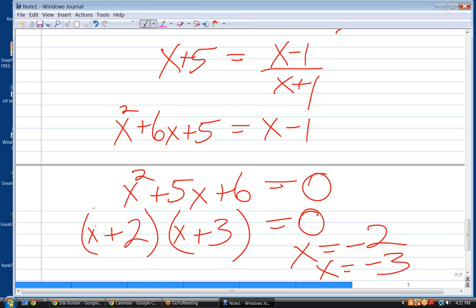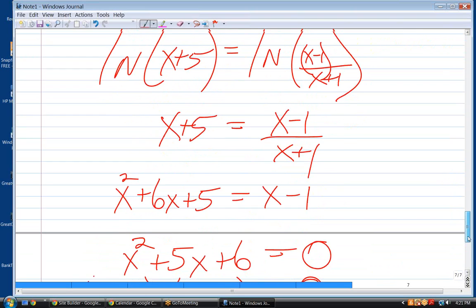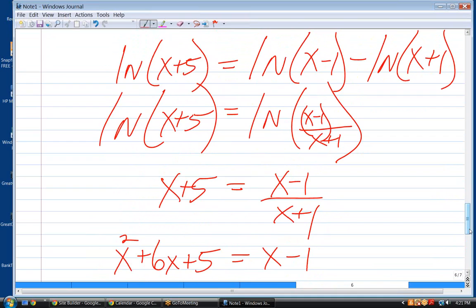Now, with logarithms, when you come up with two solutions, almost always one of them is extraneous. One of them is going to violate the domain. In order to check, we have to go all the way back to the original equation. You cannot check domain violation from step 2. Even though I've told you that step 2 is exactly the same as step 1, it isn't in terms of domain.